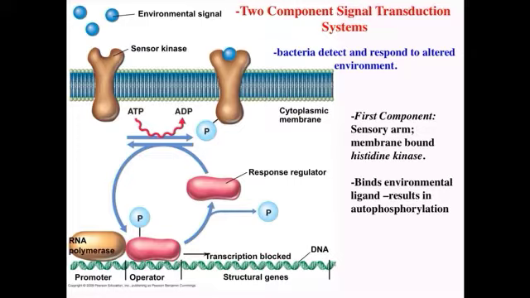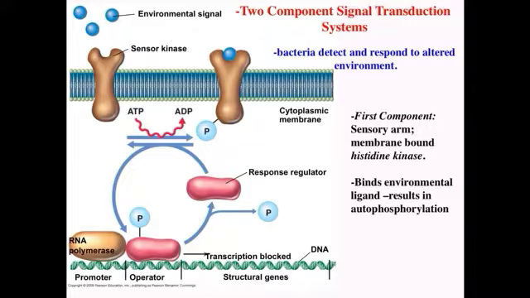CheA in the chemotaxis system was your first exposure to a histidine kinase. This is slightly different in terms of its location. Remember that the CheA protein was entirely cytoplasmic. It interfaced with the exterior environment only by means of that methyl-accepting chemotaxis protein. That's a very unusual arrangement for a histidine kinase.